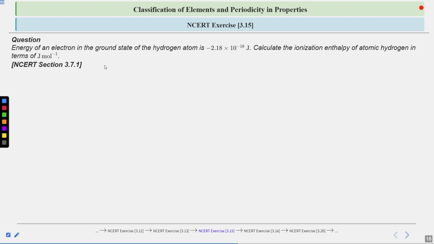The first part which you should remember is the relation between the ionization energy and the ground state energy of a hydrogen atom. The energy of an electron in the ground state is equal to the negative of the ionization energy per atom. Let us try to understand this in a more physical way.